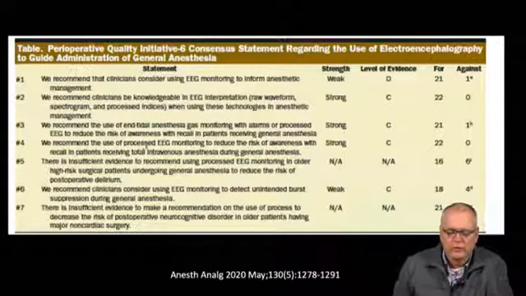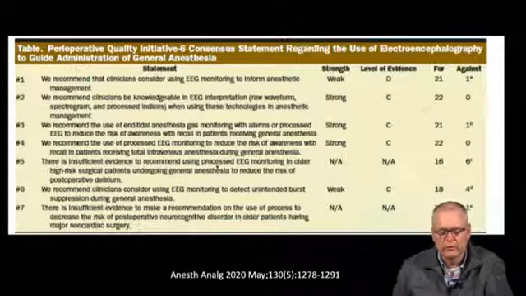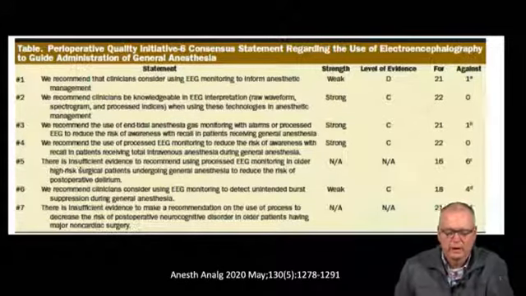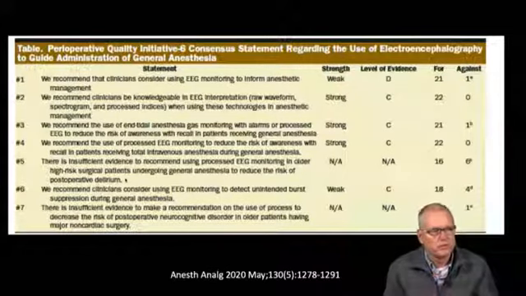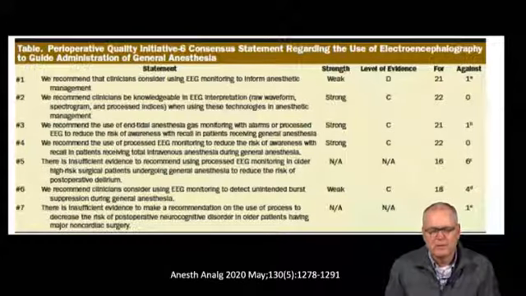We recommend the use of processed EEG monitoring to reduce the risk of awareness with recall in patients with total intravenous anesthesia. There's insufficient evidence to recommend using processed EEG monitoring in older, high-risk patients undergoing general anesthesia to reduce the risk of delirium. I would suggest to you that in patients that have a vulnerable brain, it may be useful.